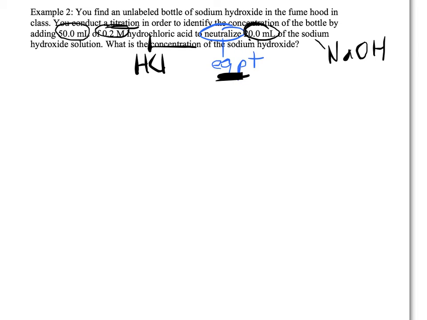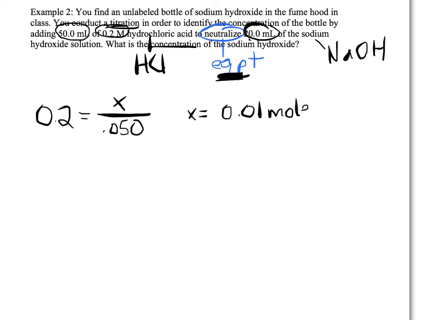So can I do that? Well, you have 0.2 molar acid equals some number of moles over 0.050 liters. So X, you multiply these out, gives you 0.01 moles of acid, HCl.